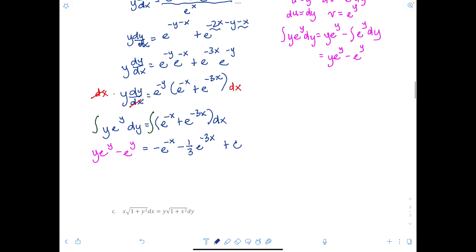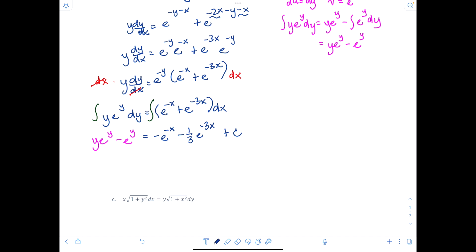Now this one will end up being an implicit solution, so let's just get everything except for the constant on one side. So we'll have y e to the y minus e to the y plus e to the negative x plus 1/3 e to the negative 3x equals C, and we're all done.